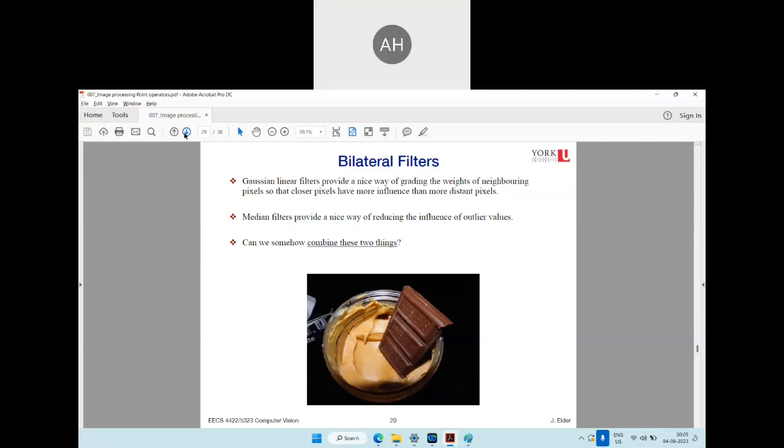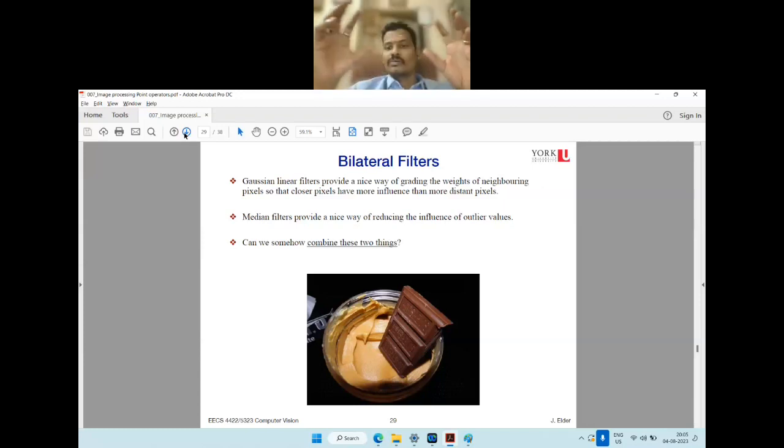The Gaussian filter provides a good way of approximating the neighboring pixels, so that the closer pixel will have more influence, whereas a distant pixel will have less effect on the current pixel. That is what the linear filter is. And the median filter provides a nice way of reducing the influence of outlier values.